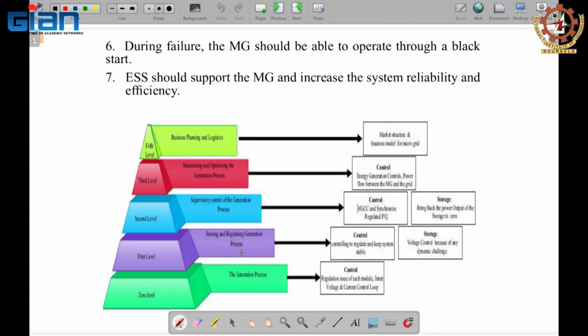When we are operating our microgrid system, or even the main grid, and doing the control, this control process can be defined in several ways: primary control, secondary control, tertiary control. In the literature, they can extend it further.